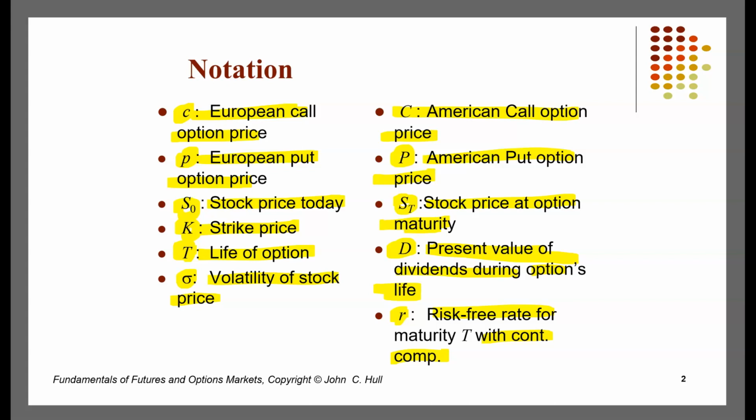In addition to all of this, we're going to make a couple of assumptions. One of the first assumptions that we're going to make is that there are no transaction costs. So no cost of buying or selling down the line.